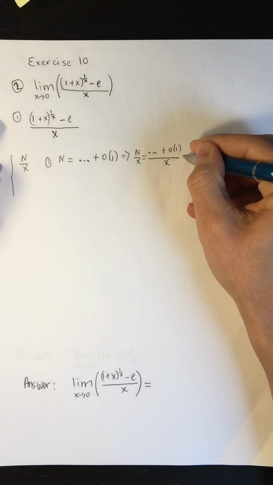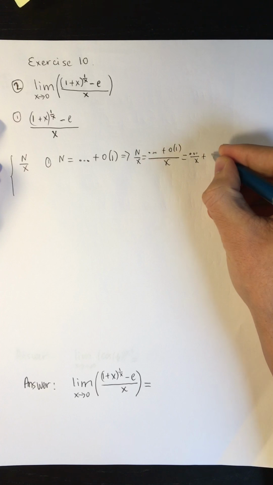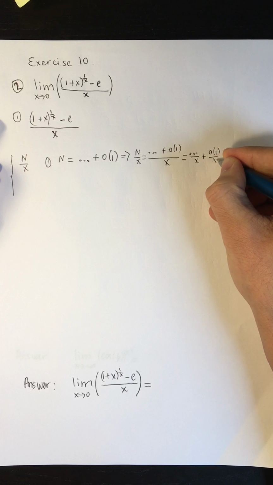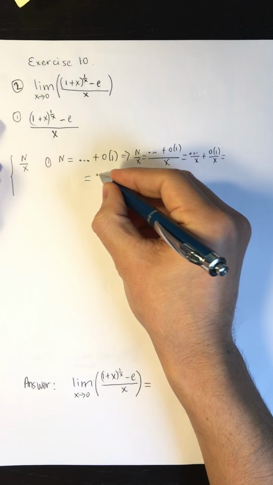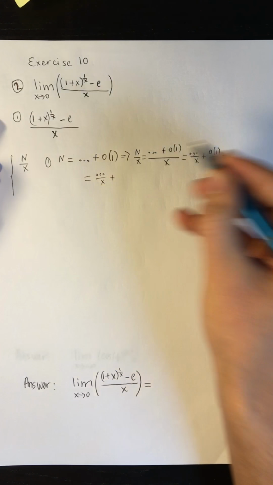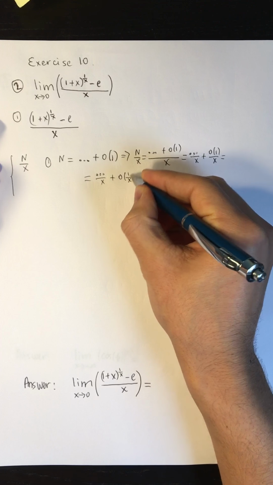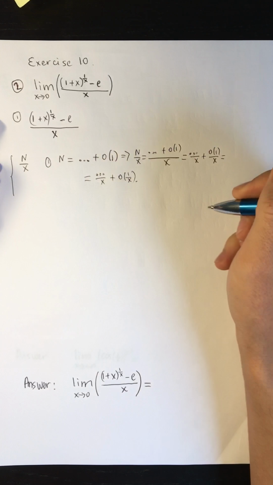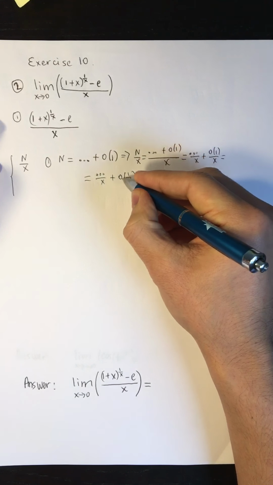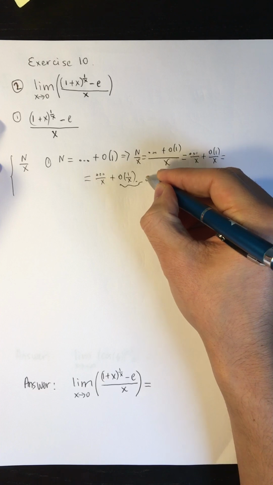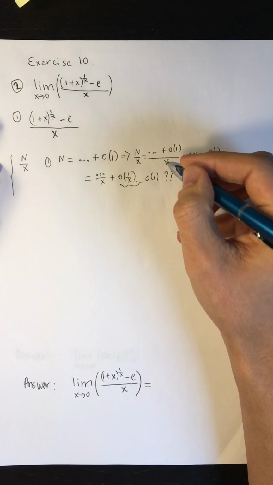Agree? Yes. And if you continue, this is equal to something divided by x plus O(1) divided by x. This one can be written as O(1 over x), 100% sure you can use this, and then x goes inside. And then do we have O(1)? No, that's why it's a problem. So if I do this one, it's a problem for me.